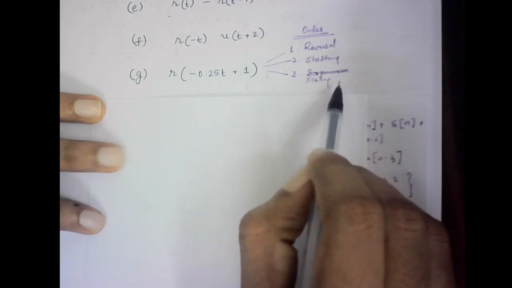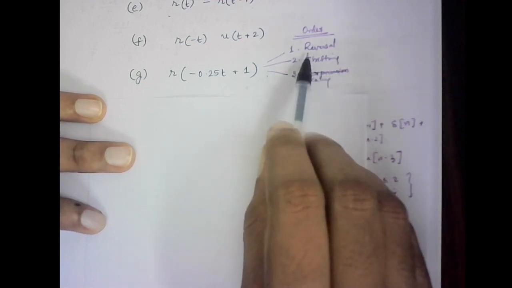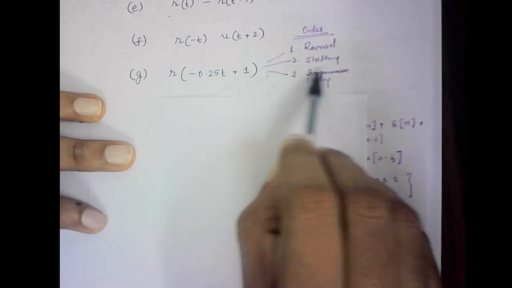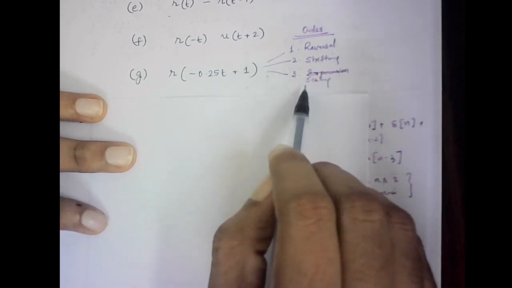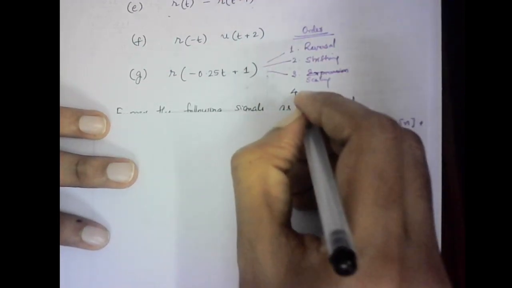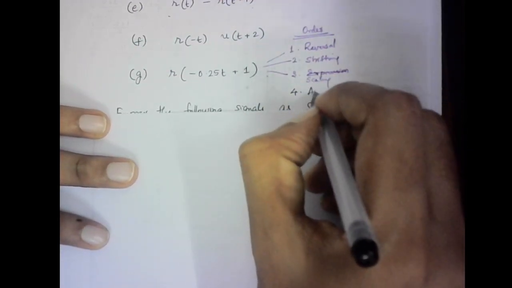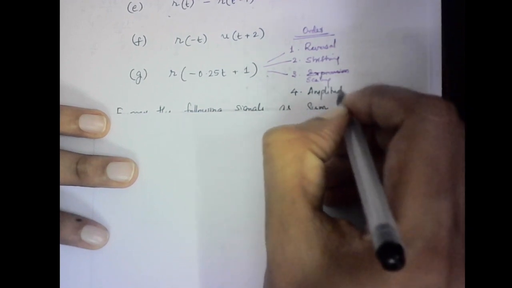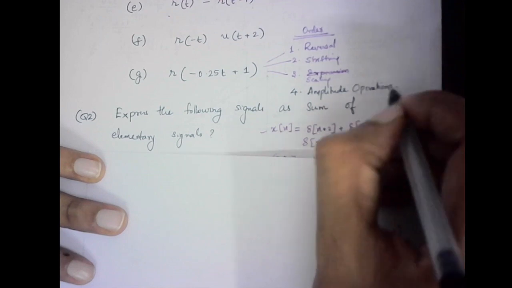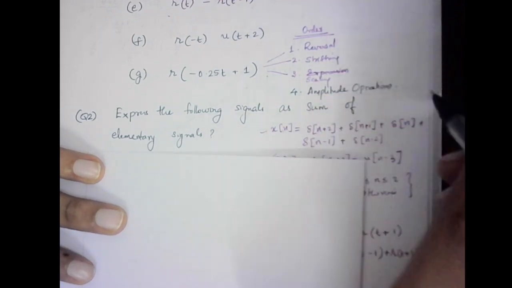Time reversal needs to be done first, then time shifting, then only time scaling. If there is any amplitude operation, that can be done in any order, such as addition, multiplication, and so on.